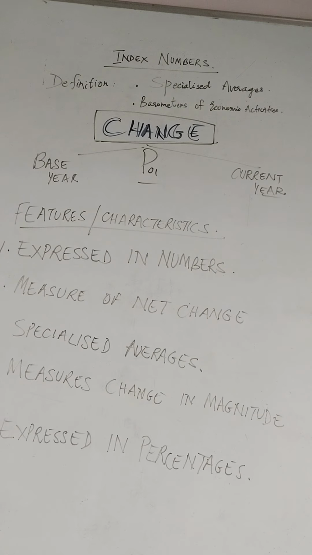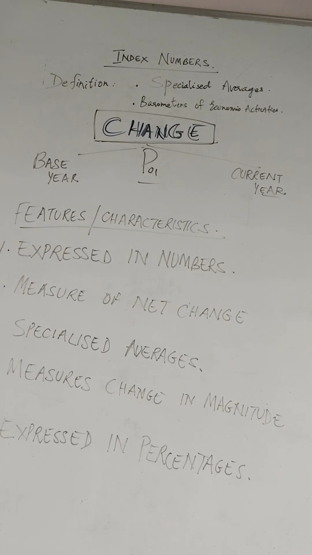Second, a measure of net change. It measures the net change in a variable or a group of variables, and describes net change, that is increase or decrease, as a single number.